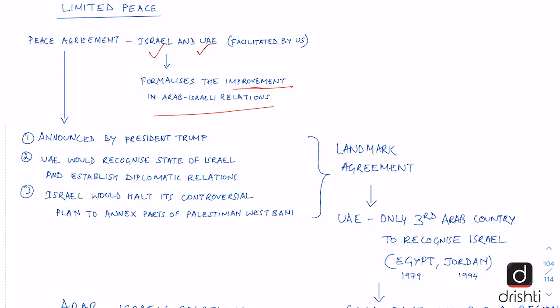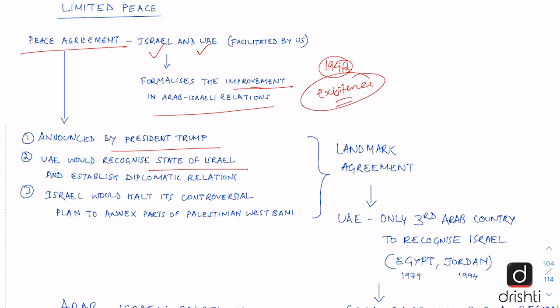Because initially the Arabs at the formation of Israel in 1948 were totally opposed to its existence but have gradually accepted that Israel has come to stay in Middle East and it cannot be obliterated from the map. And this peace agreement was announced by President Trump, and under this UAE would recognize the state of Israel and establish diplomatic relations with it.